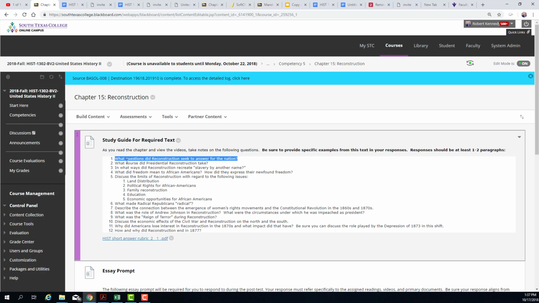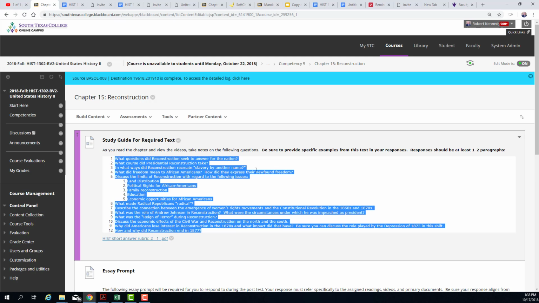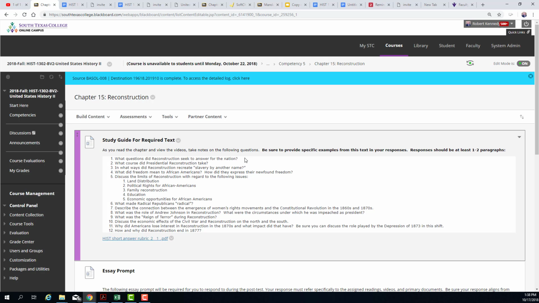And the reason why you want to handwrite them out is if you simply copy and paste all of this and put it into a Word document and put some space in between each of these questions and then type some notes out, you're not really going to be paying attention too much to the specifics and to the particulars of the topic. So handwriting it will begin to get your mind aware of the material. So that's step 1. Handwrite the questions out.